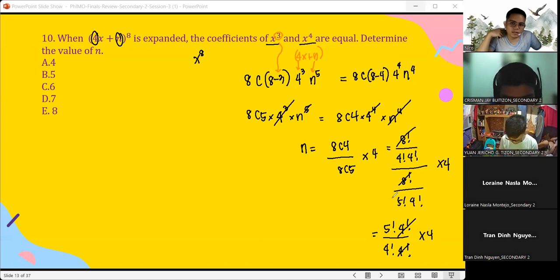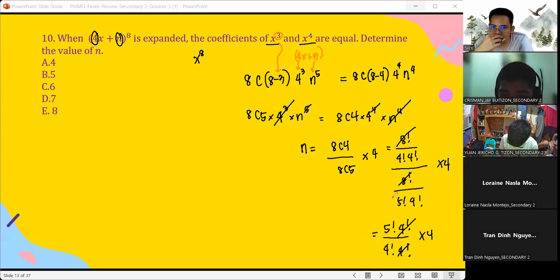Wait, am I having any errors here? 5 factorial, 120. So 120 times, wait.